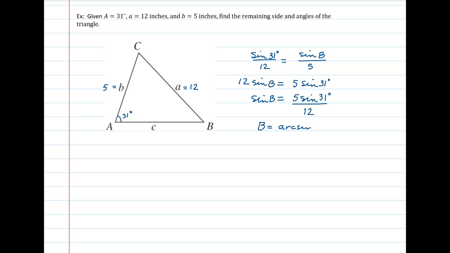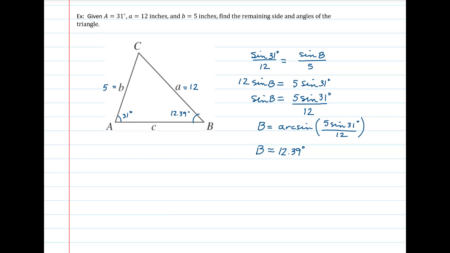So I'm going to have to use our sine inverse here to figure out what B is. Plugging that in the calculator, we're going to have arcsine of 5 times sine of 31 degrees divided by 12. And make sure, again, your mode is in degrees. And we'll get that angle B is approximately 12.39 degrees.